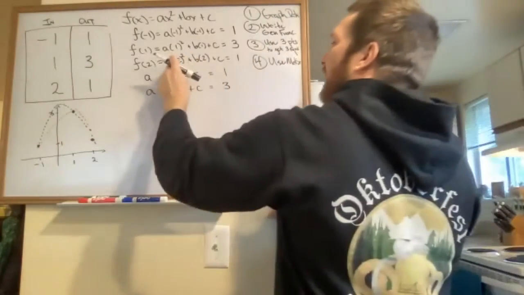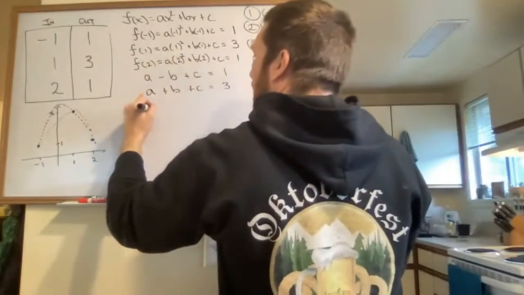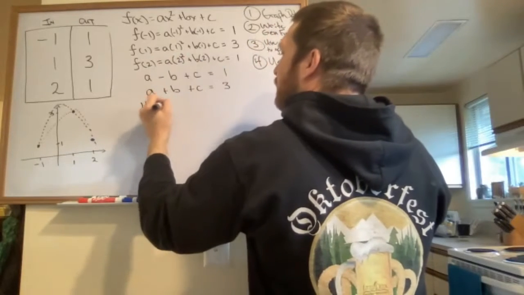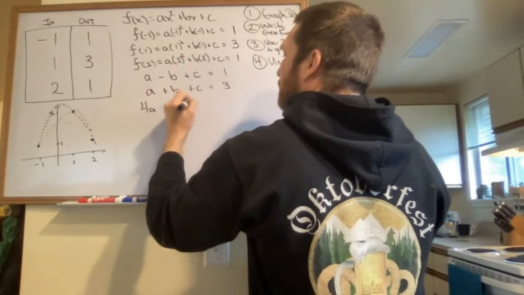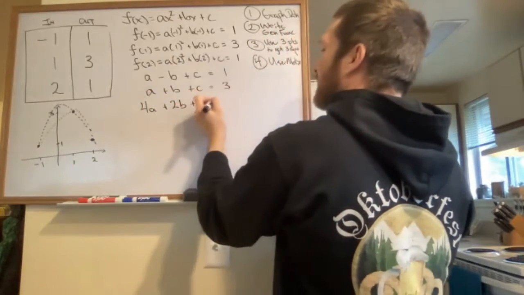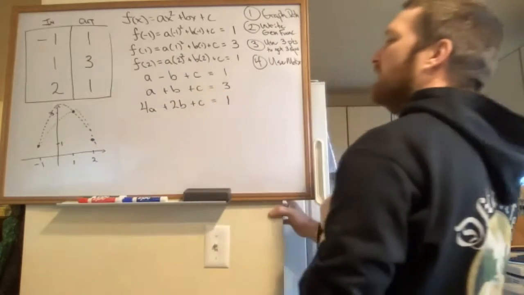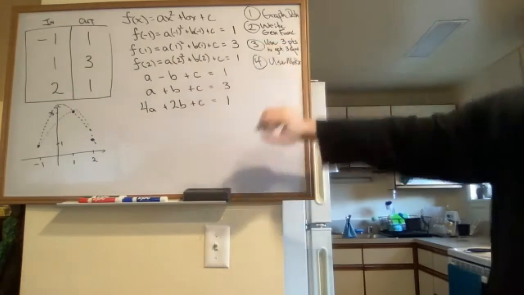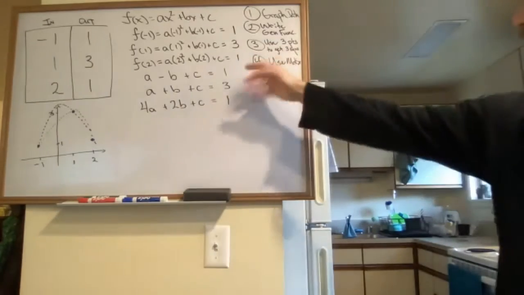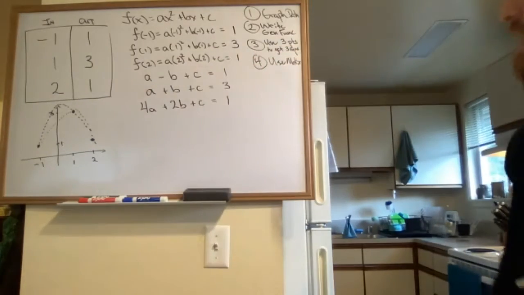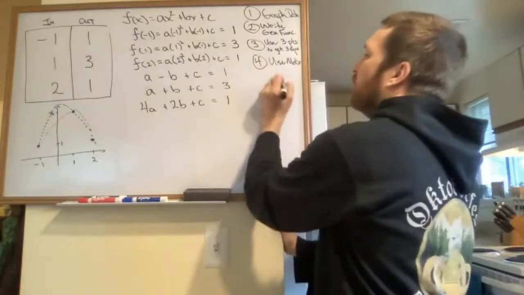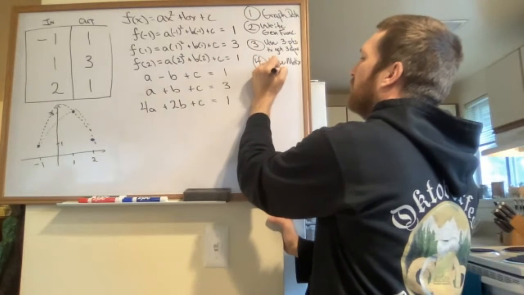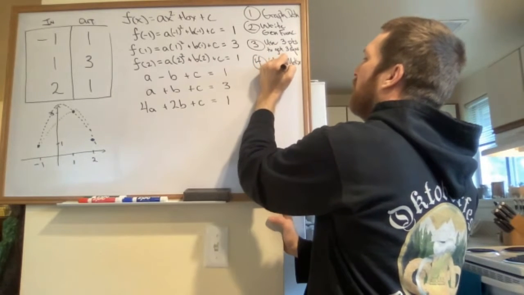Finally, a times 2 squared is 4a. b times 2 is 2b, and c gives me a 1. Now, okay, we got 3. We used our 3 points to get 3 equations. We have 3 equations, so we're going to use a matrix to solve for my unknowns.